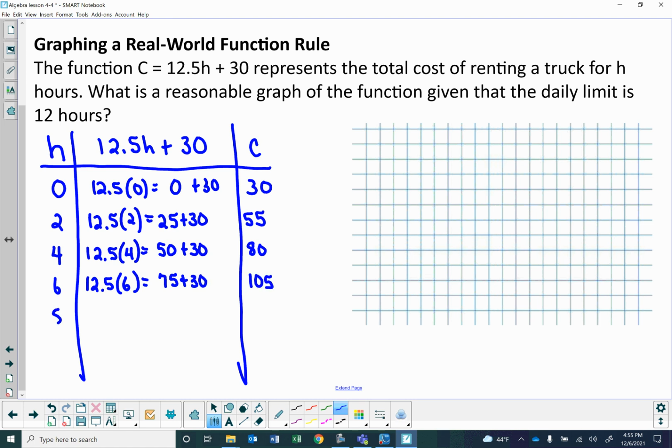And if I go 8, 12.5 times 8, it's going to be 100 plus 30, which is 130.